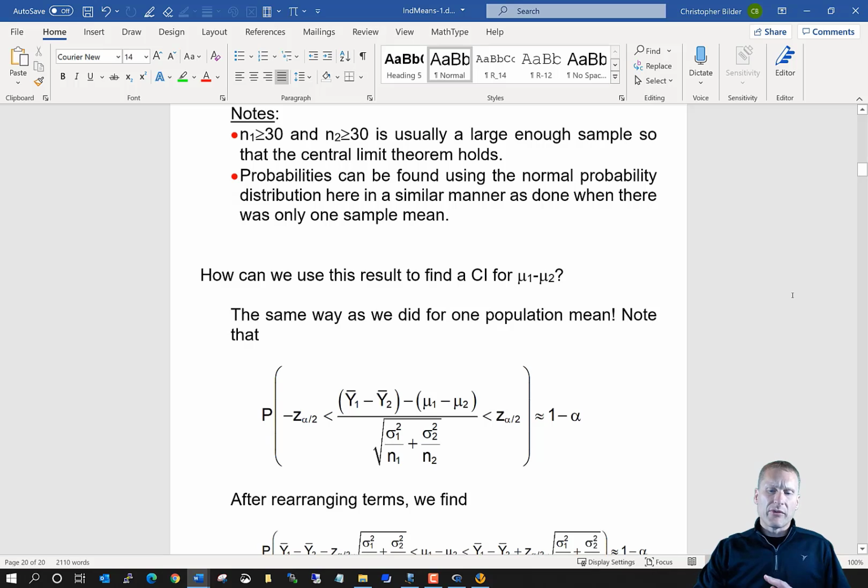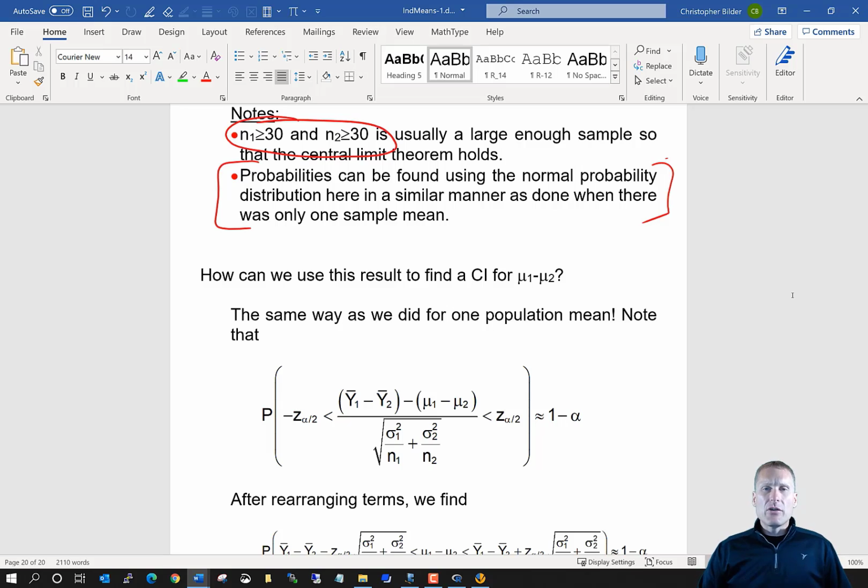What does large samples mean? Similar to what we've seen before, generally speaking, a sample size of 30 for each sample will allow the central limit theorem to work. We can then find probabilities in this situation, just like what we did in the past.